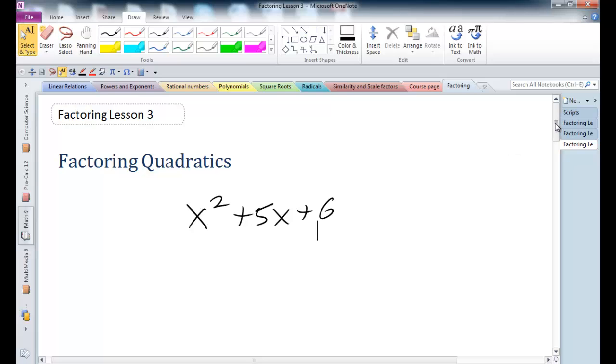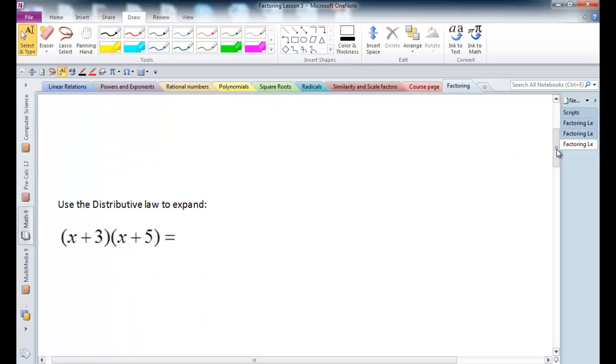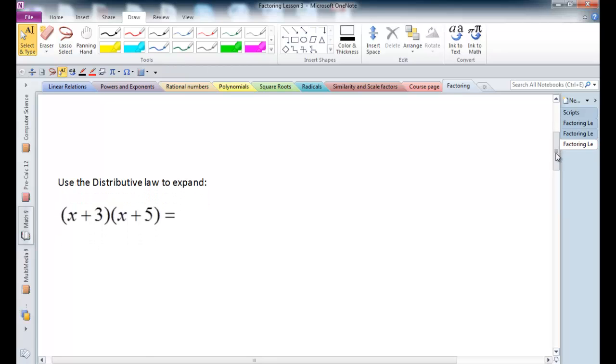To gain an insight into factoring them, we're going to look at the distributive law and see what it tells us about multiplying two binomials, like this. If we're going to multiply x plus 3 times x plus 5, we have to distribute in both the x and the 3, like this, to get x squared plus 5x plus 3x plus 15.